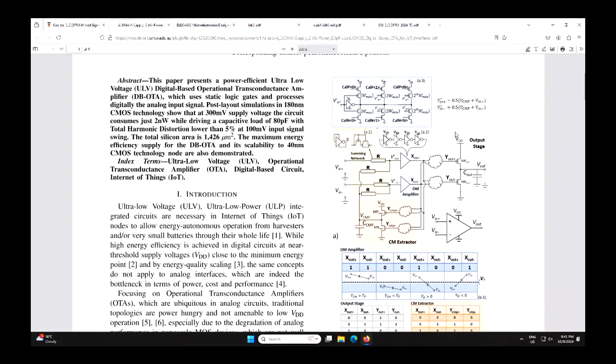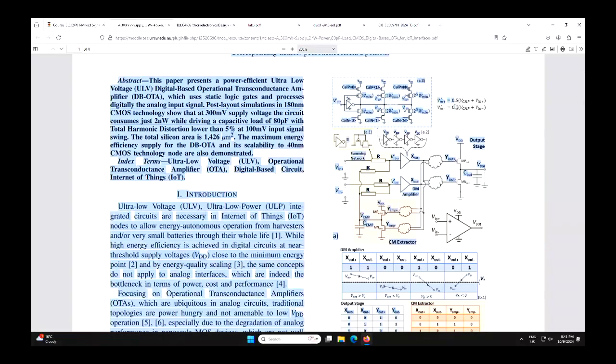Here, this picture shows the circuit, and this is the input of these two differential pairs.